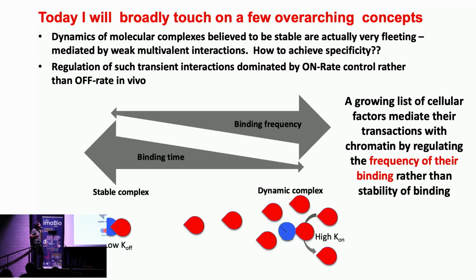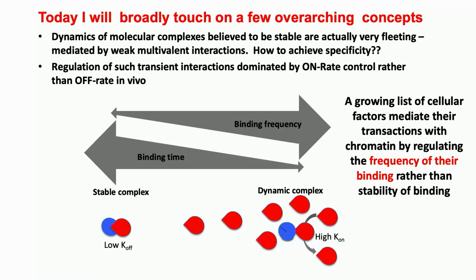When I started working in this field, we really believed that to trigger transcription on a particular gene, which is a program that is sometimes going to last for the life of an organism, we needed to have stable complexes that were going to stay in place for hours. And so we are going to see how dynamic they are and how it changes our view of regulation. And so we are going to talk about transient interactions and how they are dominating things.